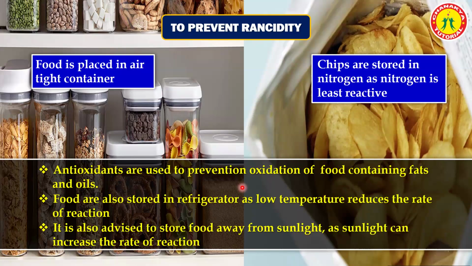Similarly, if we keep the food away from sunlight, it also prevents the decay of food because sunlight can increase the rate of rancidity. So the methods to prevent rancidity can be keeping the food in an airtight container, or for example storing it with nitrogen, using antioxidants in the food, storing the food in a refrigerator, or keeping the food away from sunlight.